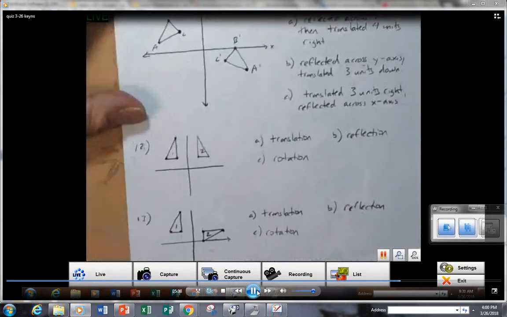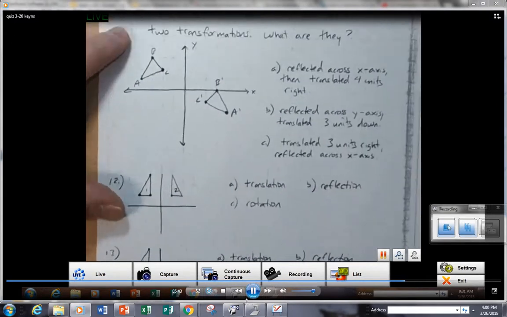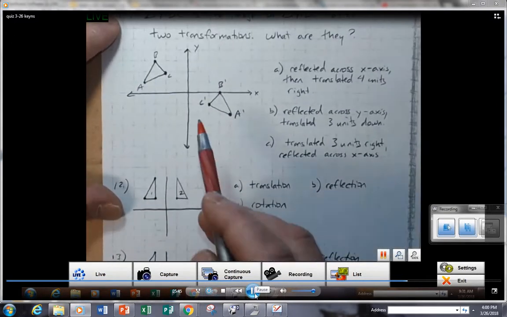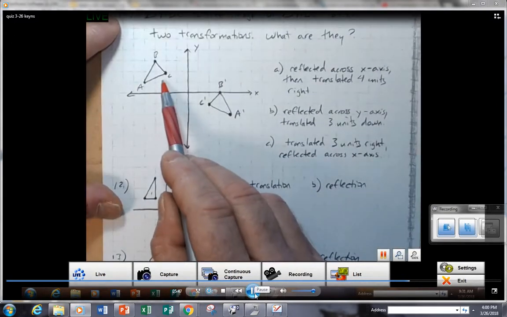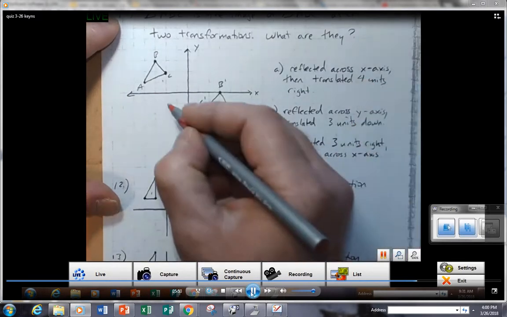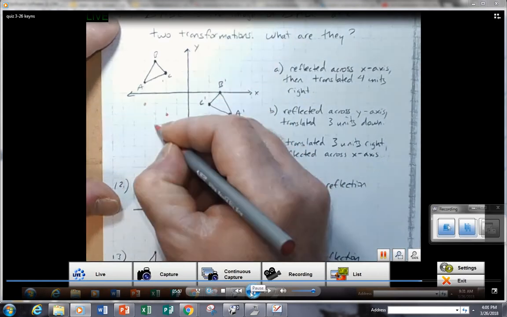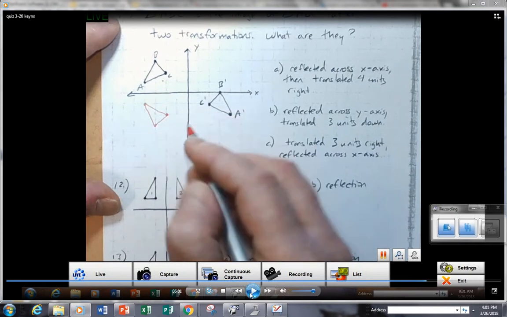All right, last page. This one asks for the 2 transformations. So what I'm going to do here is I'm going to show you each and show you why the other 2 choices are bad. So if I look at choice A and reflect it over the x-axis, equal distance, what I'm drawing here is the triangle after the reflection over the x-axis.